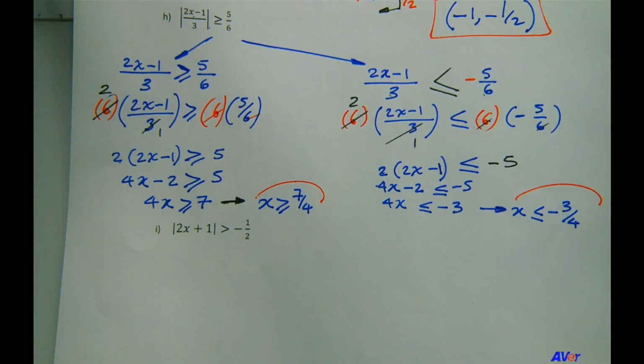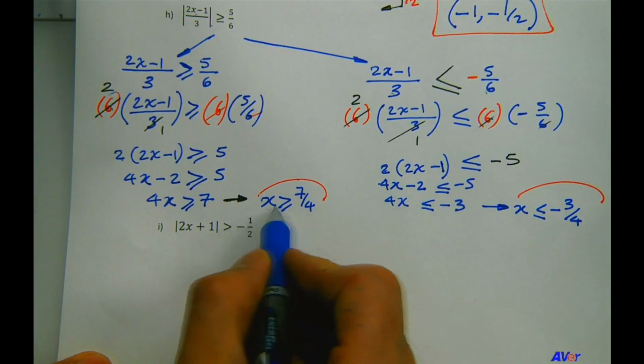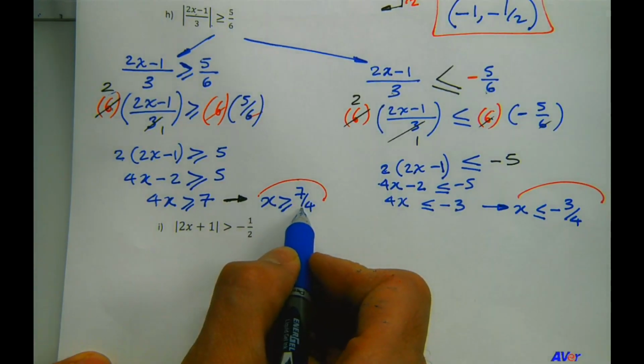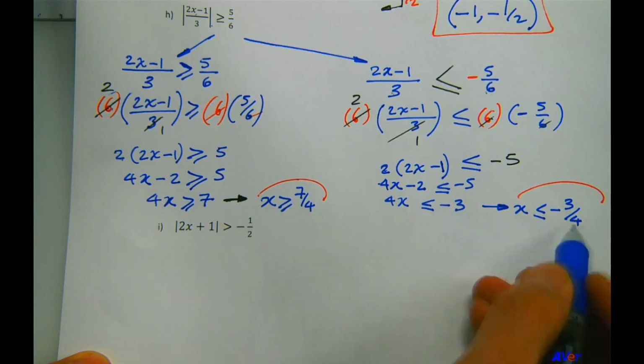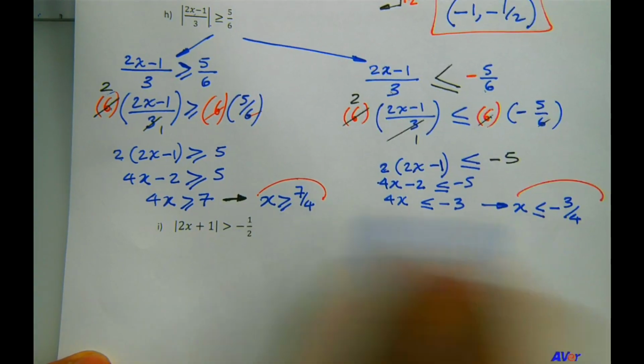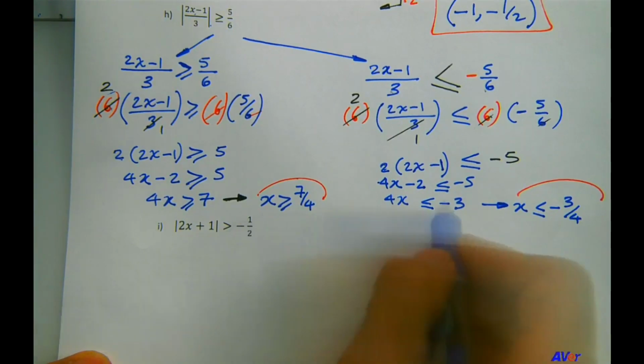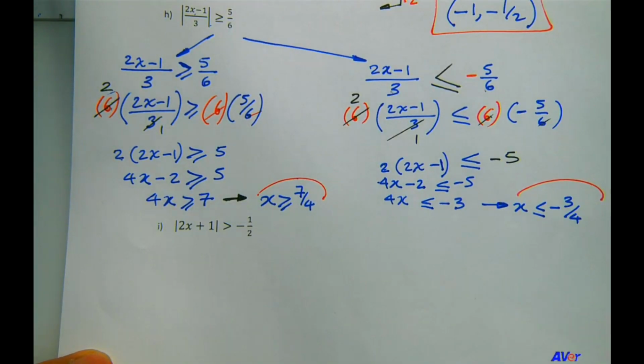Okay, so this one says x greater than or equal to 7/4. This is less than or equal to negative 3/4. Do they overlap? Well, I'm not going to draw the graph here, but I can draw it on a piece of scratch paper. It just occurred to me.